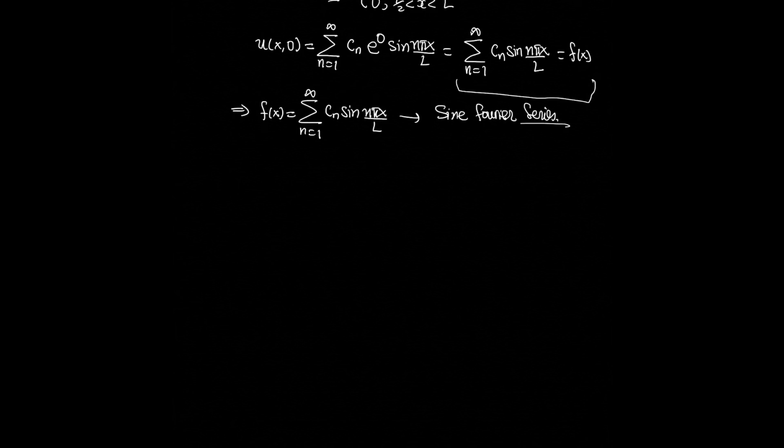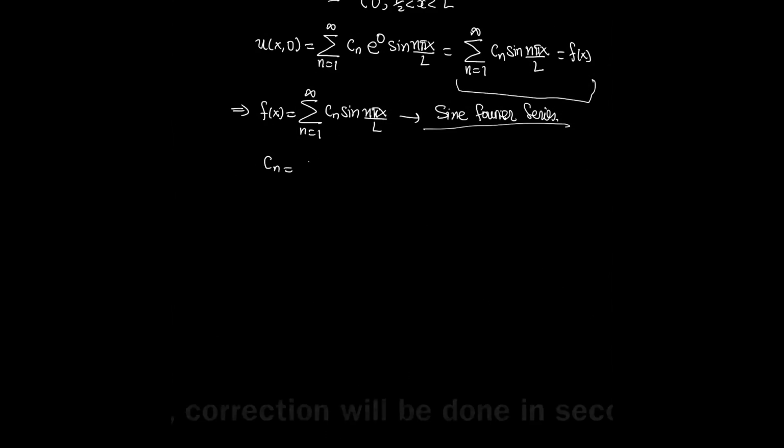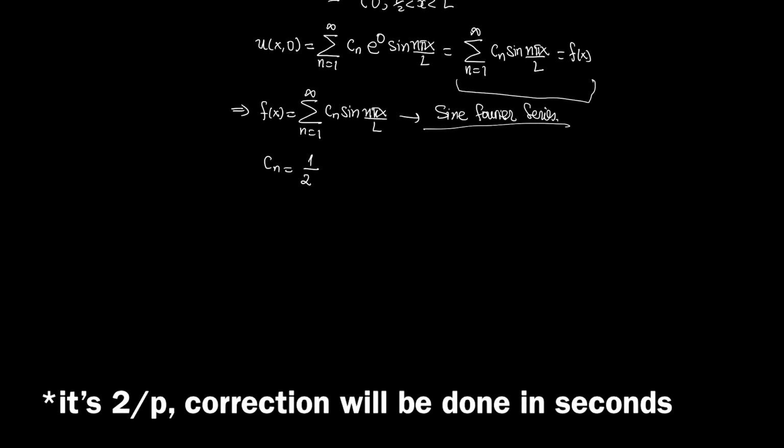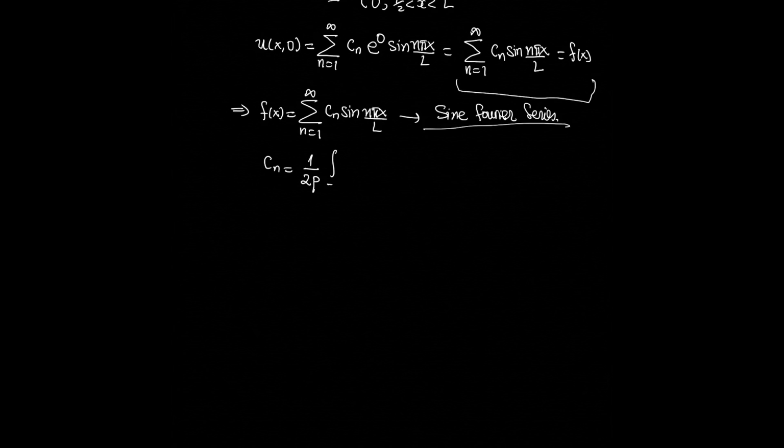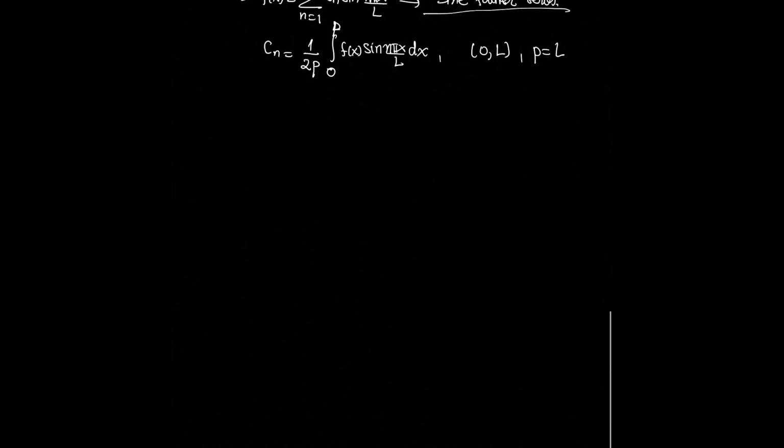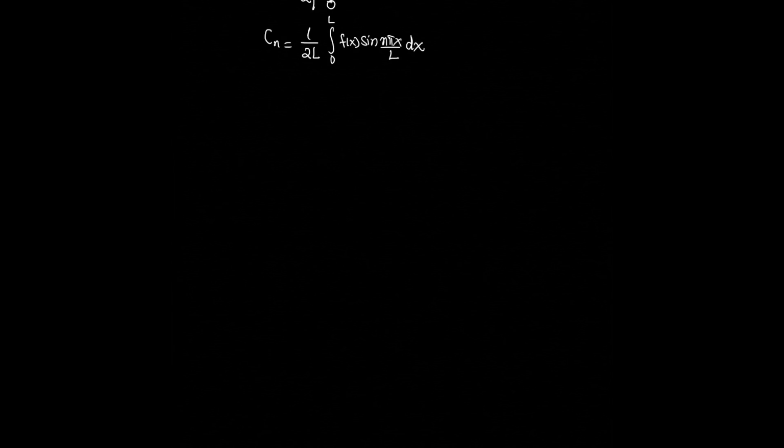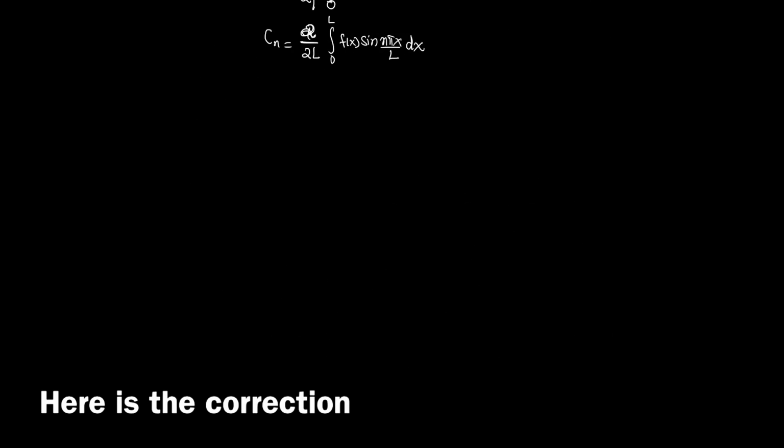It's just a sine Fourier series where Cn is equal to 1 over 2 times the period, in this case the period 0 until L. In this case, for our case, we have a rod that is bounded from 0 until L, so P equal to L. So you have the constant C. Actually, the formula is actually 2 over L. Yeah, it's 2 over L, just to make sure.